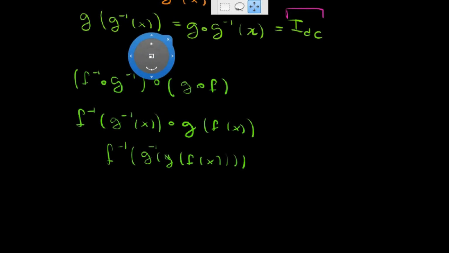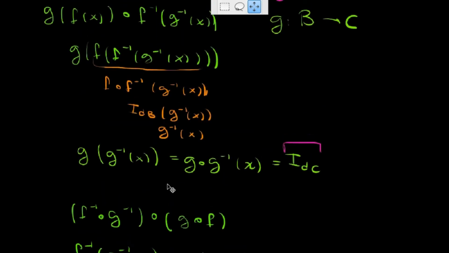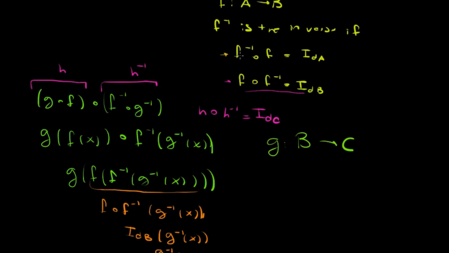And again, let's have a look at what we have inside. So here, this is G inverse composed with G evaluated in F of X. And I don't care about F of X, it's just an element of B. So G inverse composed with G. Let's look at the definition of the inverse for a while. In this case, I have G inverse composed with G, and it gives me the identity in my domain.